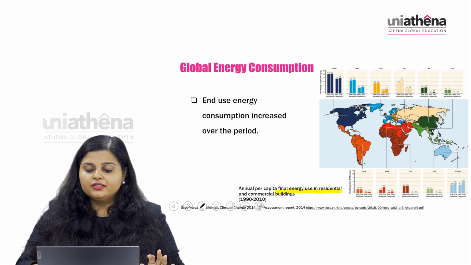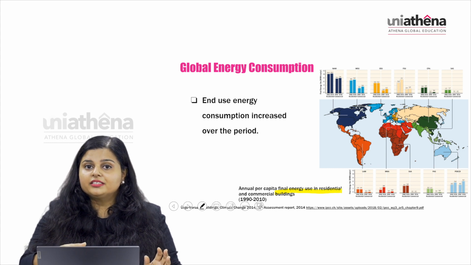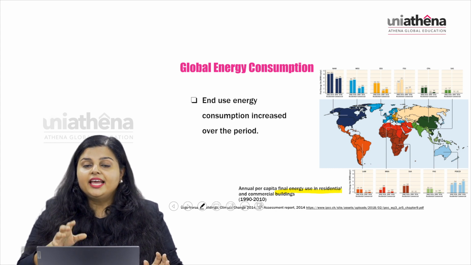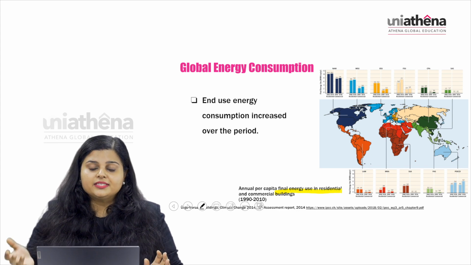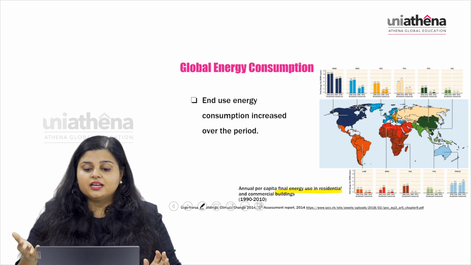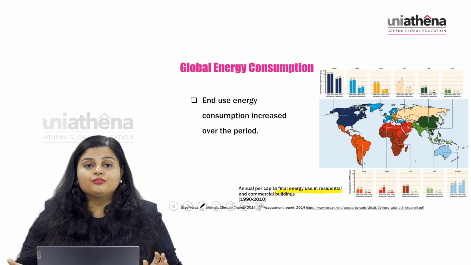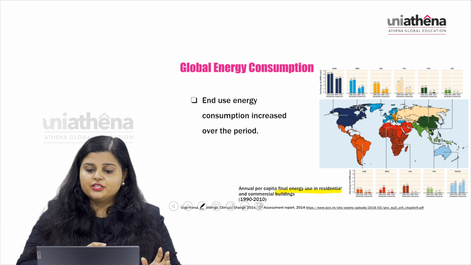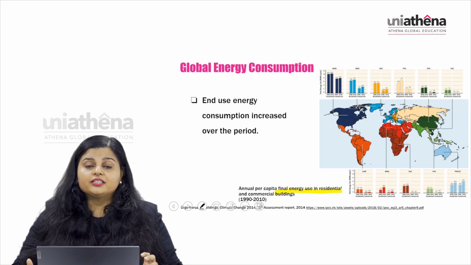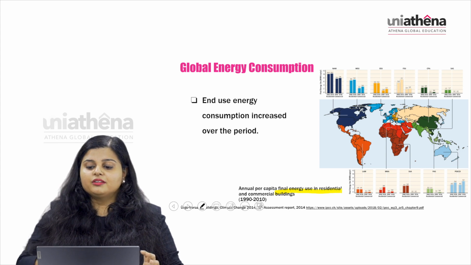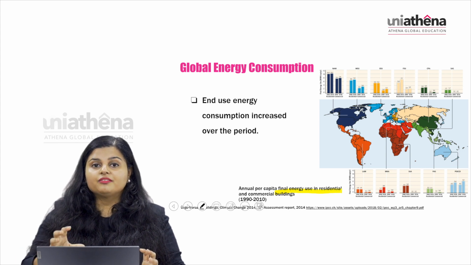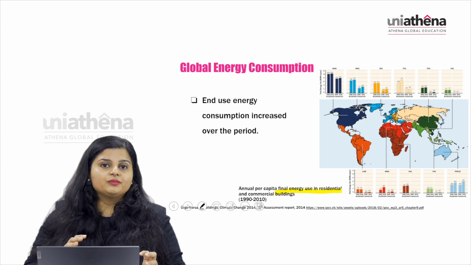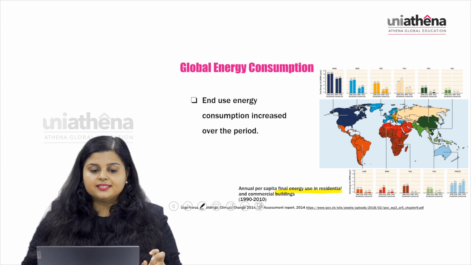If you look at, for example, the Western European and the Eastern European condition, in 1990 it was about 6.6, whereas it reached about 7 final energy use in megawatt hour per capita per year in the 2010s. And this was for the residential, whereas for the commercial, the change was from 2.6 to 3.4. The various colors show the various parts of the world and the end energy usage, which has only increased over time with 1990 as a base.